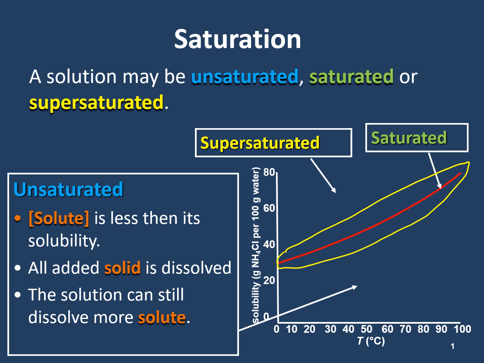The way we typically make them is we go up to, let's say, 80 degrees and dissolve the maximum solubility of ammonium chloride at 80 degrees Celsius. Then we cool that solution down to maybe 30 degrees Celsius, and if you cool it down slowly enough, the solute sometimes will stay in the solution. This is typically how supersaturated solutions are made.